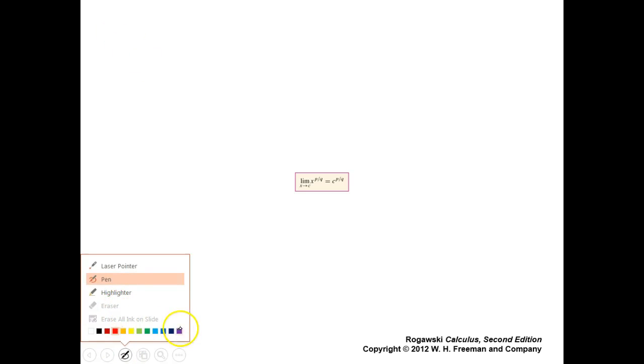Let's do example 1, and I'm pretty sure that example 1 doesn't have a slide. No, it doesn't. They don't have any more slides. So let's do that. First one. Let me get my pen set up. All right. The limit as x approaches 2 of x cubed.